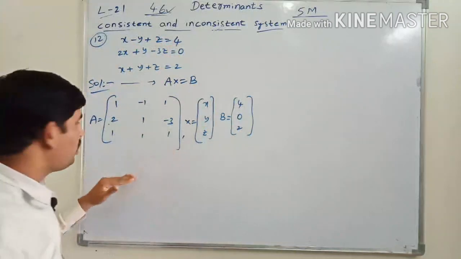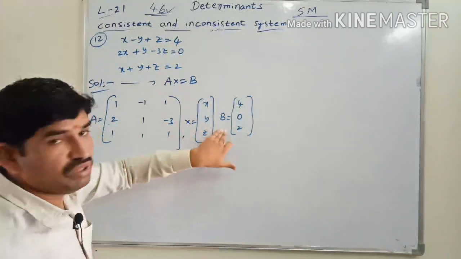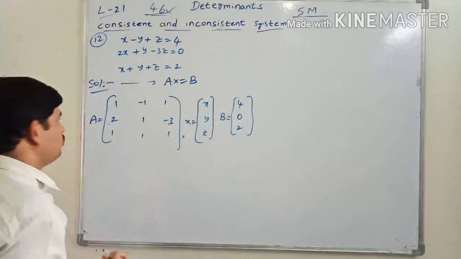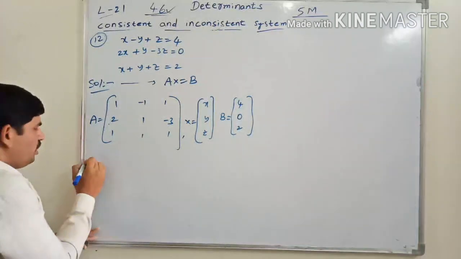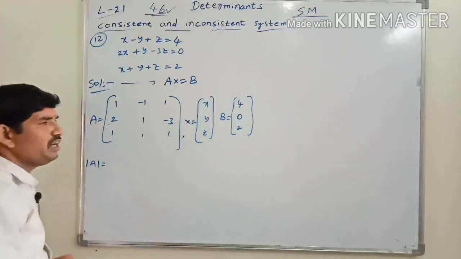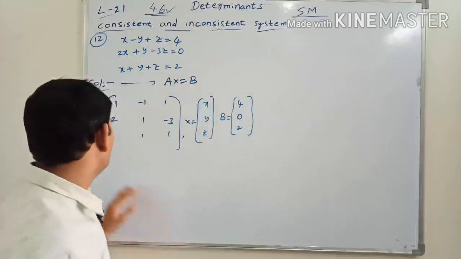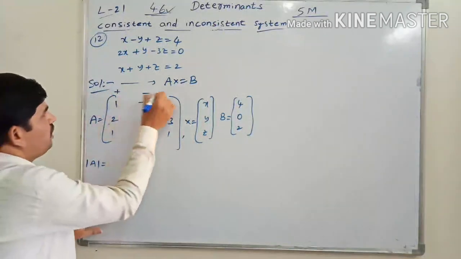Okay, after writing the A matrix, X matrix, B matrix, next we have to see the determinant of A, because the whole question depends upon the determinant of A only. So determinant of A, we know the signs are plus minus plus.